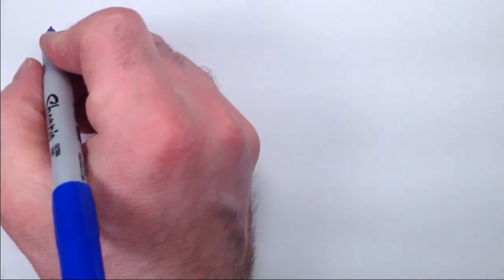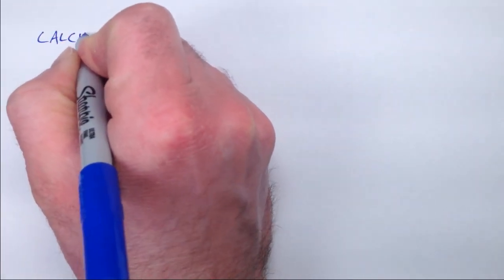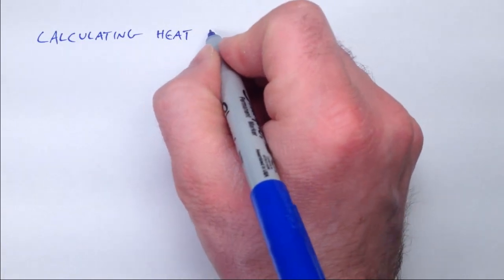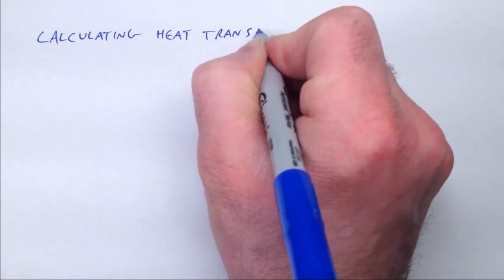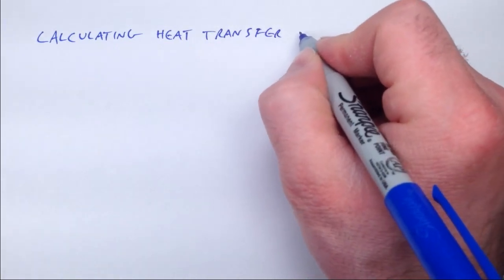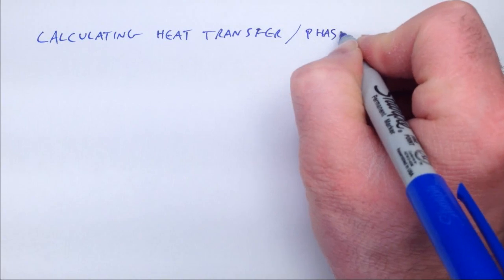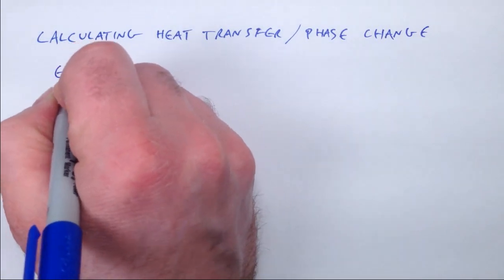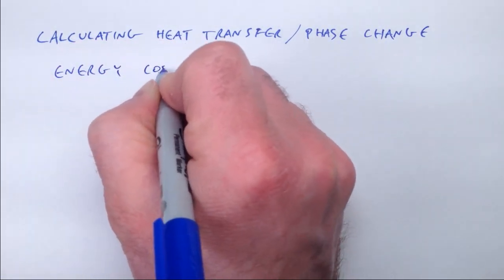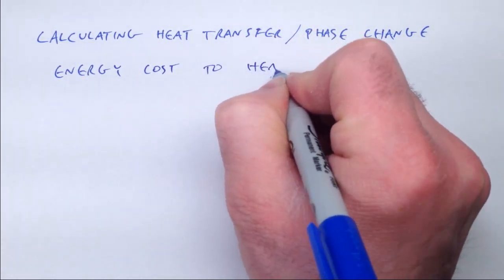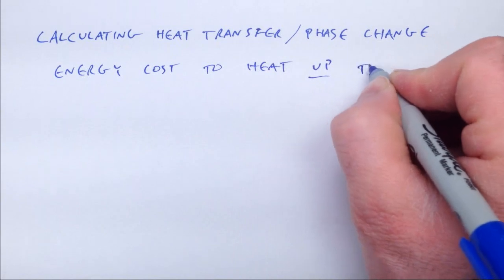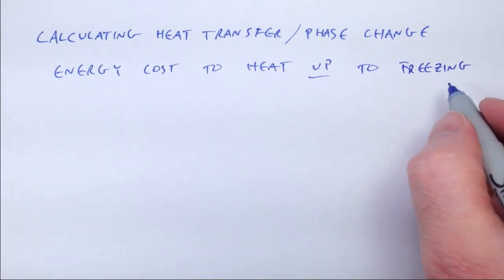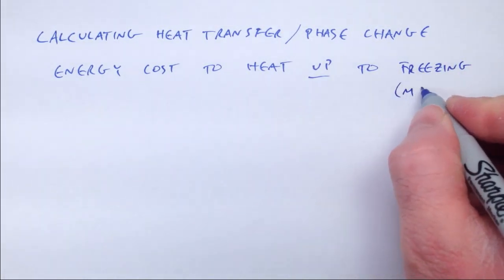When you are calculating heat transfer with a phase change, you've got the energy cost to heat up to the freezing point, but the freezing point is also known as the melting point.